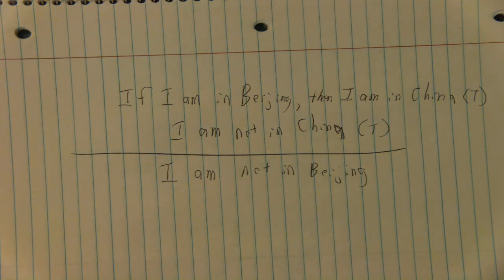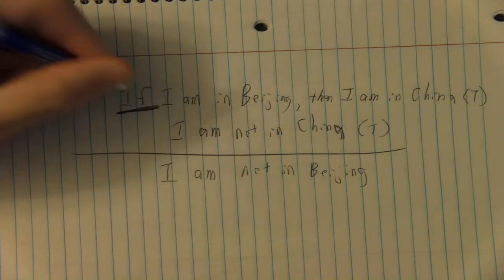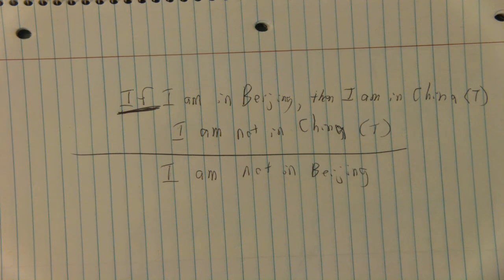No, I'm saying that it follows from the definition of if-then. That's why it's a deductive argument, because whether you know anything about geography or not doesn't tell you if this is a good inference. Or I should say, even if you don't know anything about geography, you can tell whether this is a good inference based on the form.